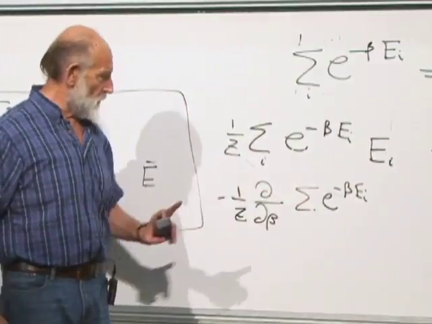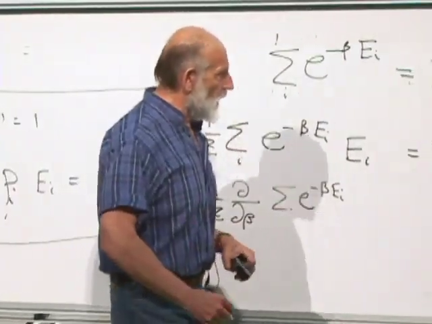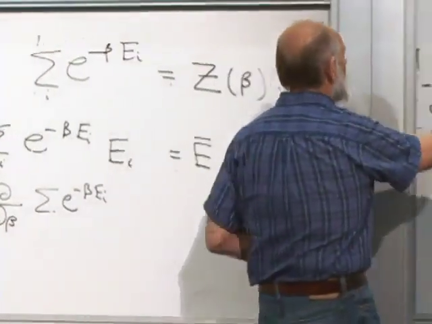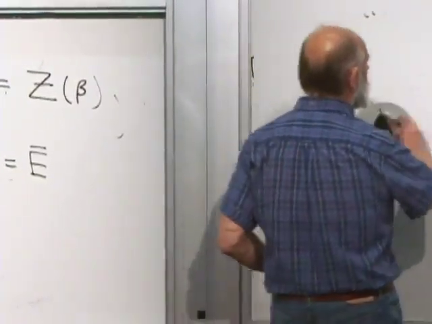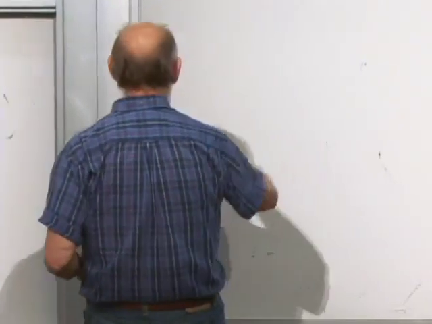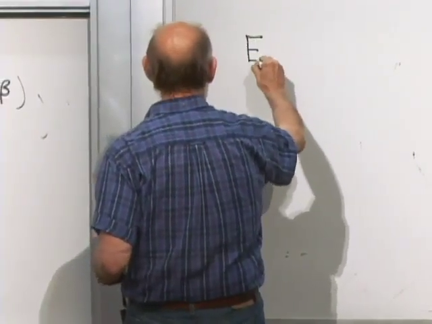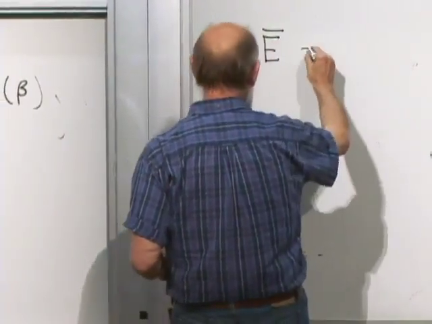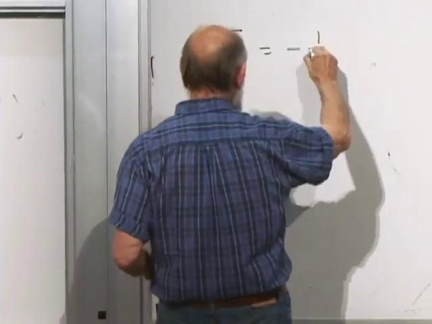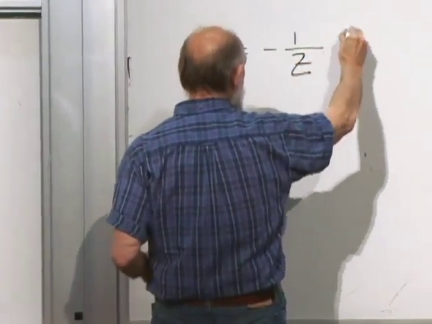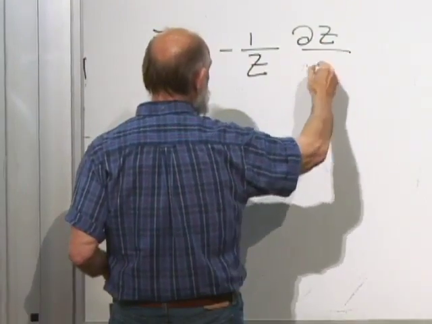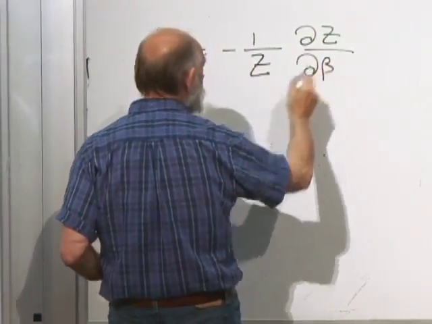This is the partition function. So we have a lovely formula now, that the average energy is equal to minus 1 upon z, derivative of z with respect to beta.